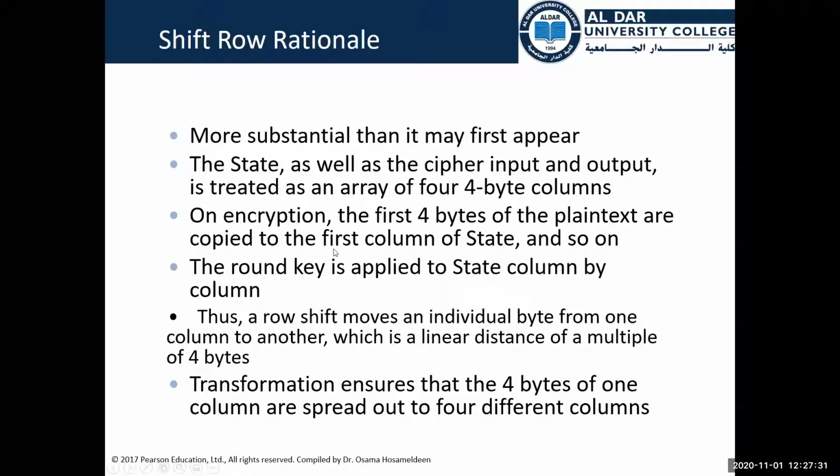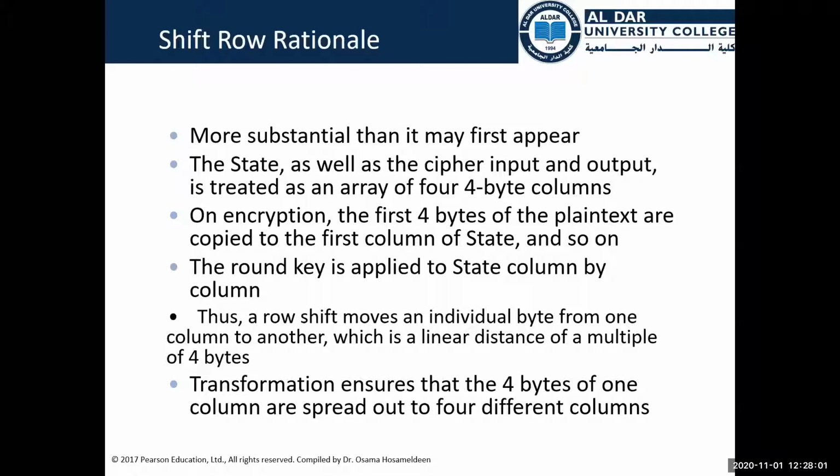The addition of the key is done column by column. The transformation ensures that the 4 bytes of one column are spread out to 4 different columns. This means that with shift rows, the effective data is moved from one column to the other, so each input data has an effect on the output.